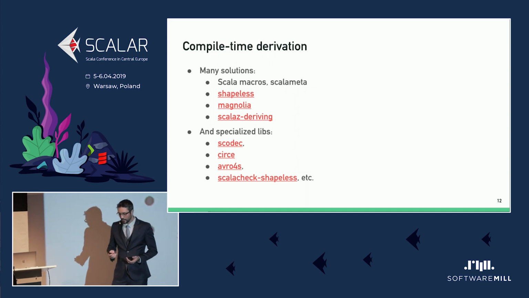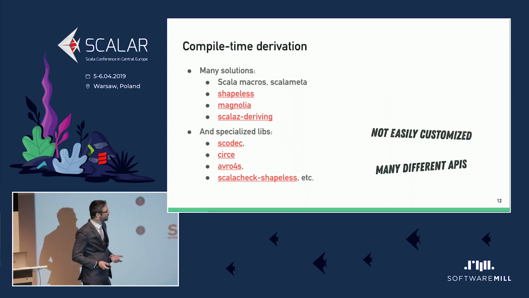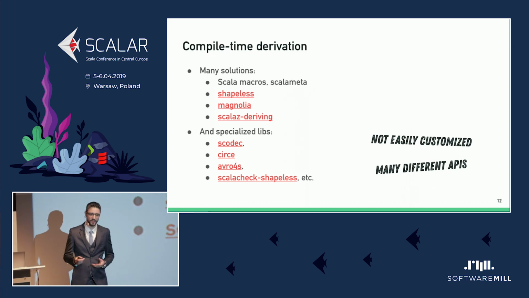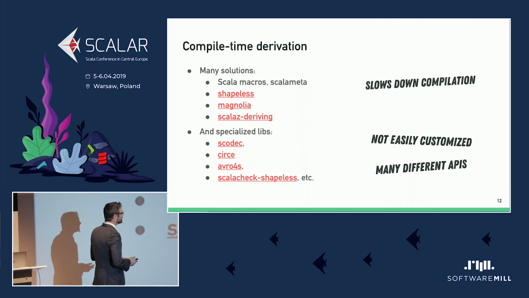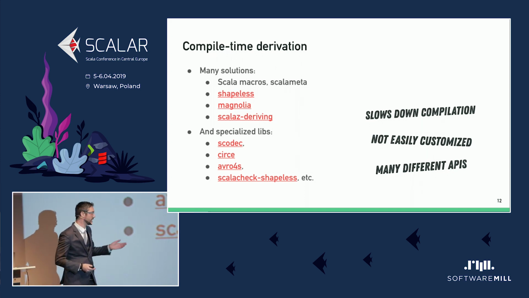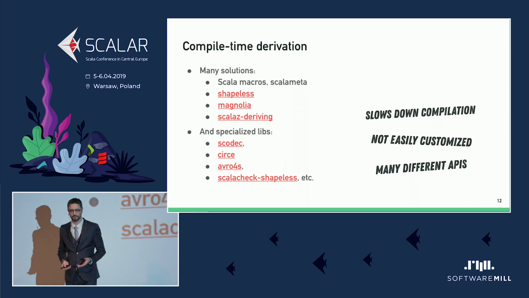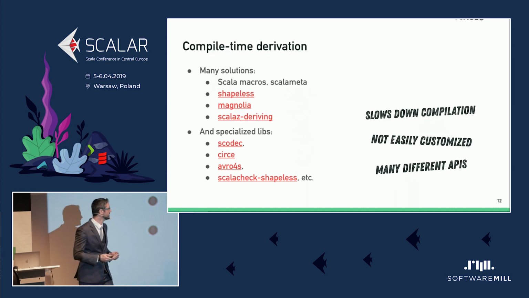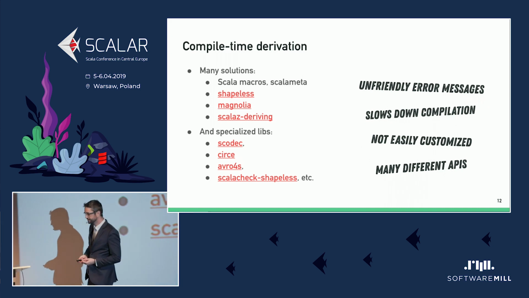But we end up with many different APIs that are not always easy to customize when we have some edge cases to handle. Most of them slow down compilation. Magnolia and Scalaz Deriving are a little bit better on that than Shapeless, but still, it slows down compilation, and scalac doesn't need to be slowed, right? And most of the time, the error messages aren't really helpful.